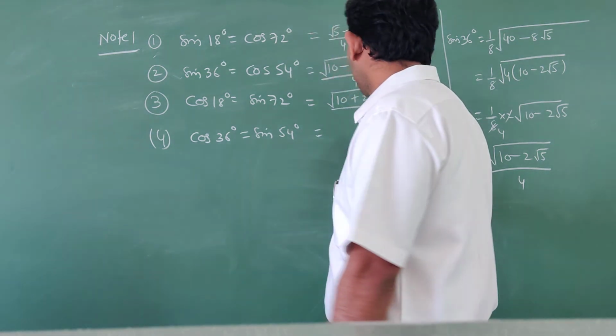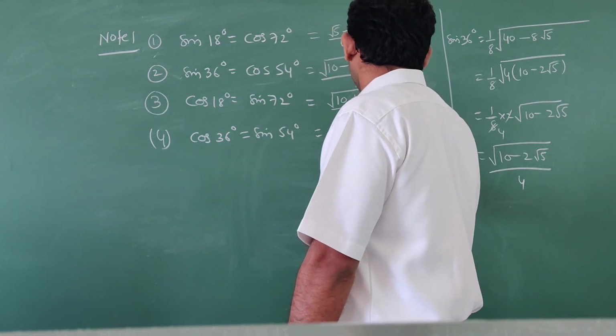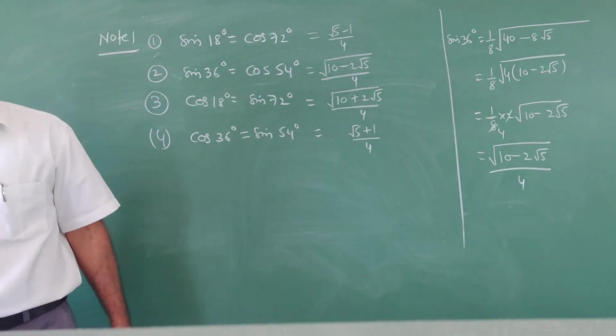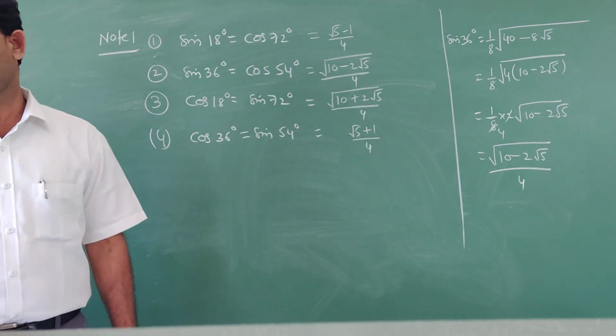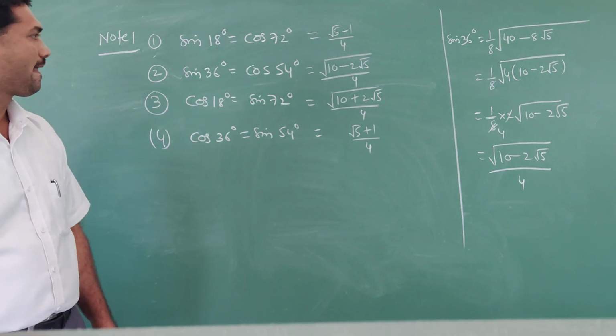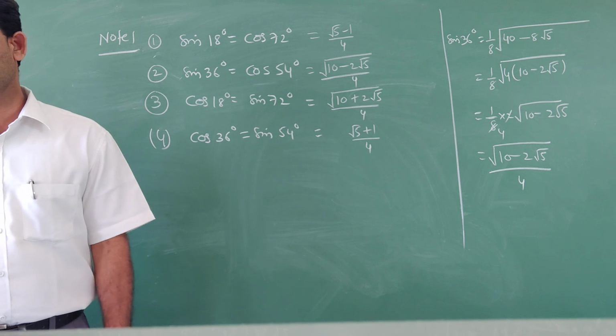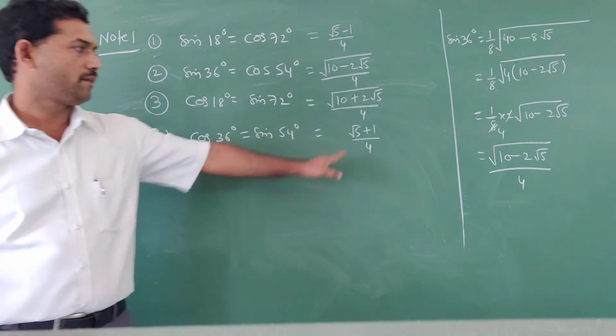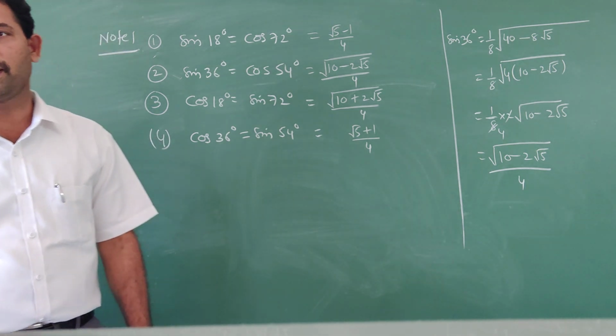Cos 36 degrees value, root 5 plus 1 divided by 4. Understand? All values correct? Verify that.